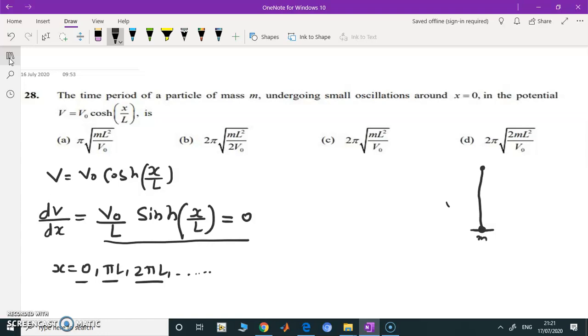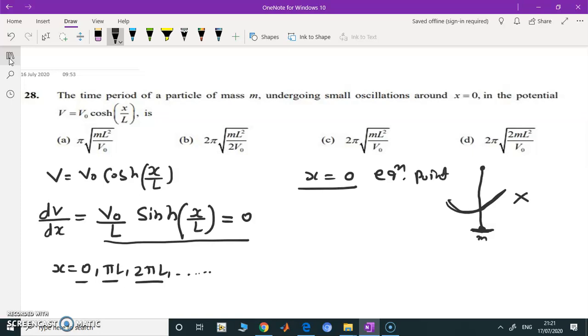It should not go like this, it should not go like this. This is not a small oscillation. This is the small oscillation, where the mass is moving almost like a straight line. So if I take πL, 2πL, it is a very big number. So we have to take x equal to 0 here. That is our equilibrium point.